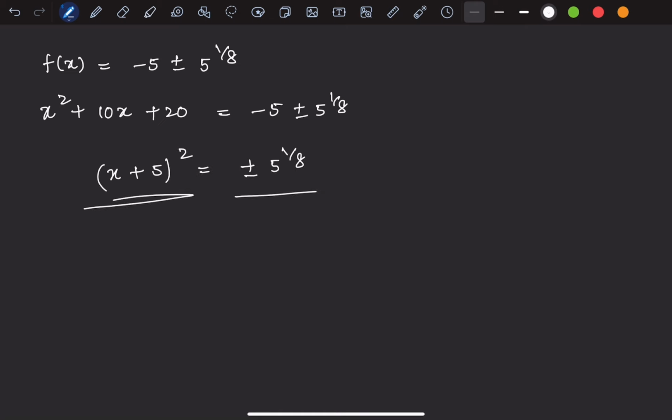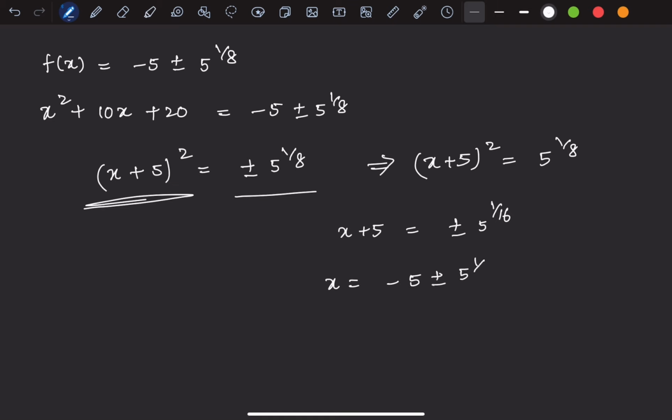Again, x plus 5 whole square cannot be negative. So x plus 5 whole square takes the positive quantity only. And you can write it as x plus 5 is equal to plus or minus 5 to the power 1 upon 16. Therefore, x is equal to minus 5 plus or minus 5 to the power 1 upon 16.